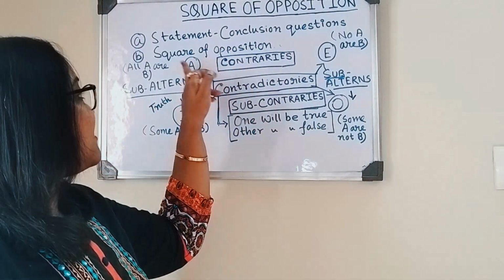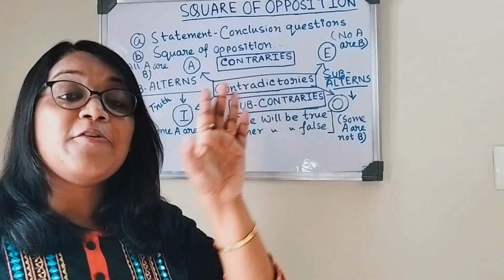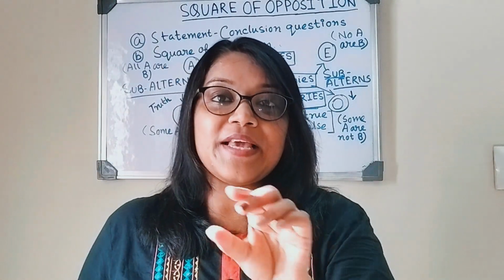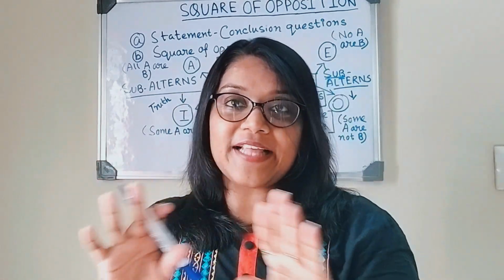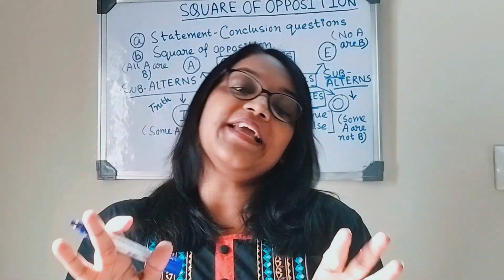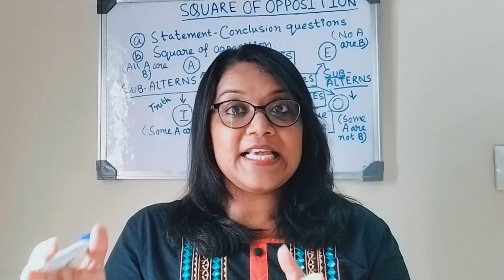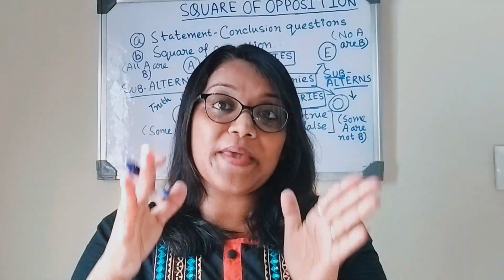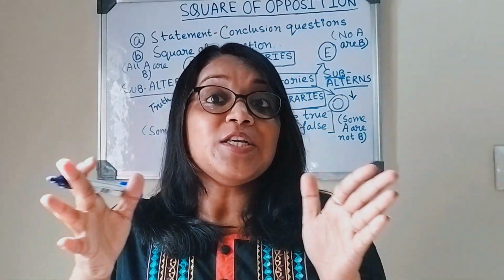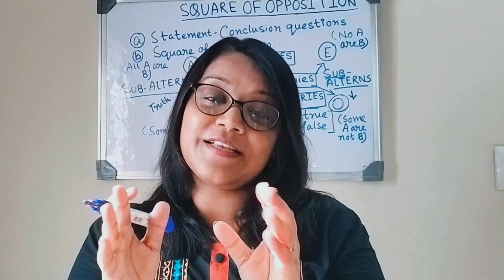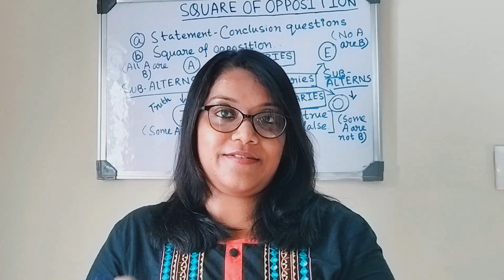Similarly, if the A type of statement is false, nothing can be said about the statement E. So basically A and E is the pair of contraries, which indicates they cannot be true together but can be false together.